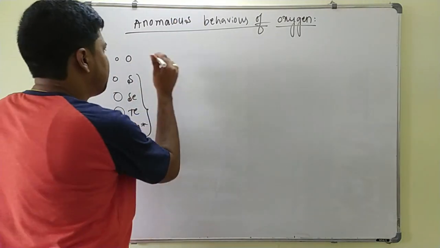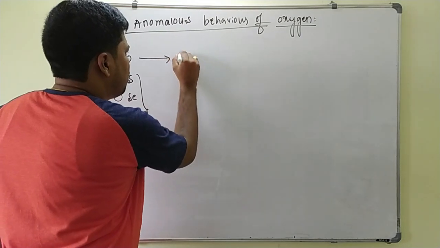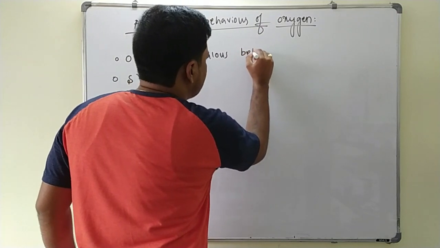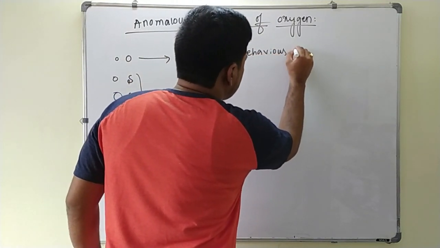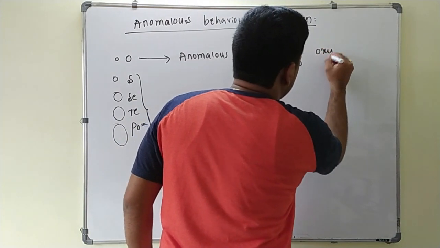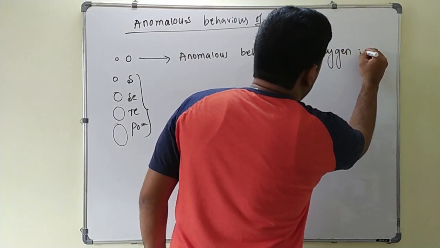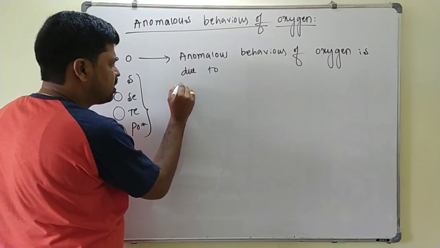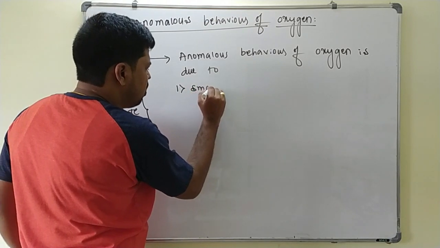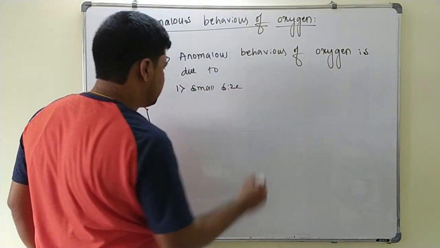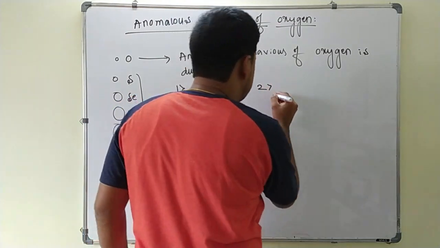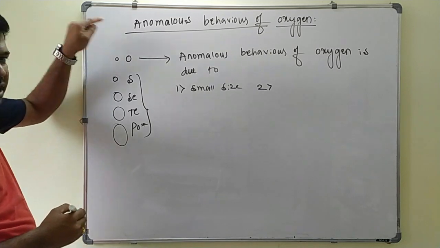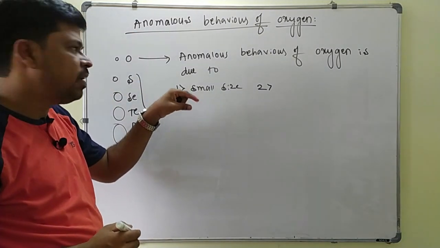So what are the important reasons for the anomalous behavior of oxygen? The first important point is its small size. The second point is, since it has a smaller size, it is the highest electronegative element in group 16 as well as the second highest electronegative element in the periodic table.